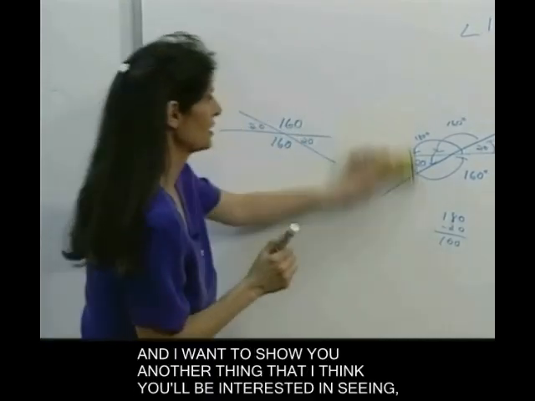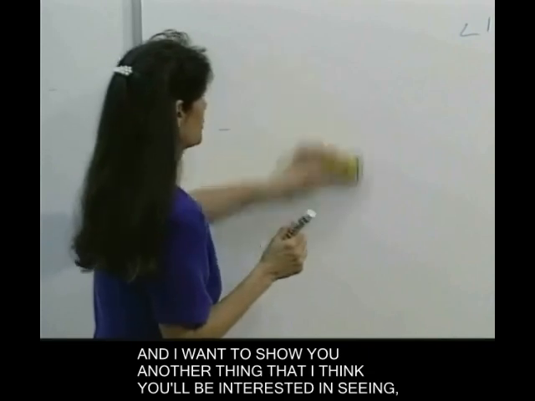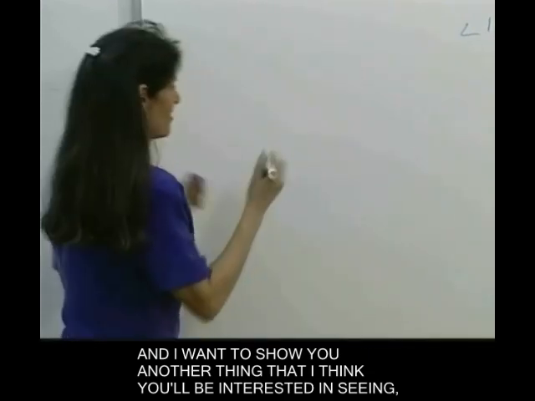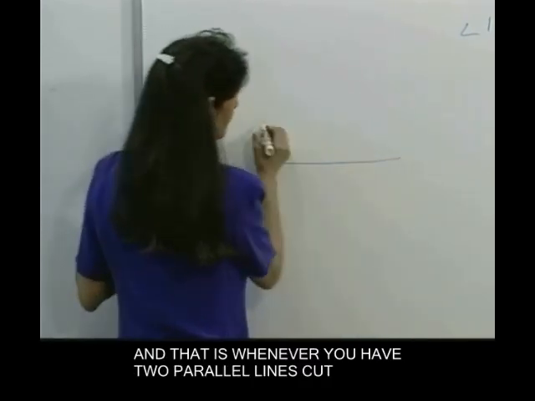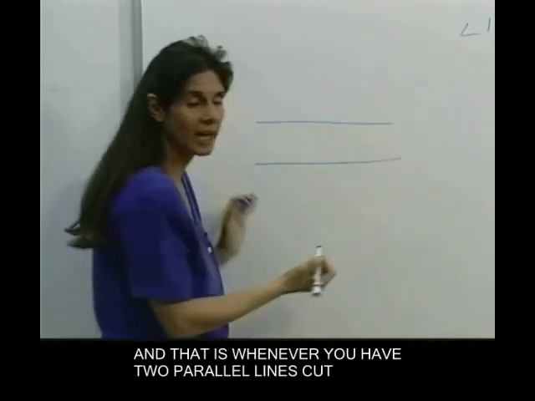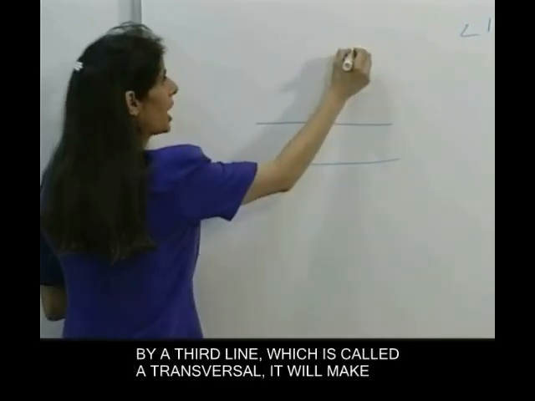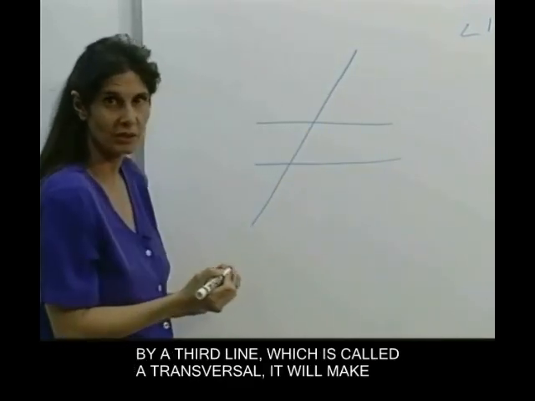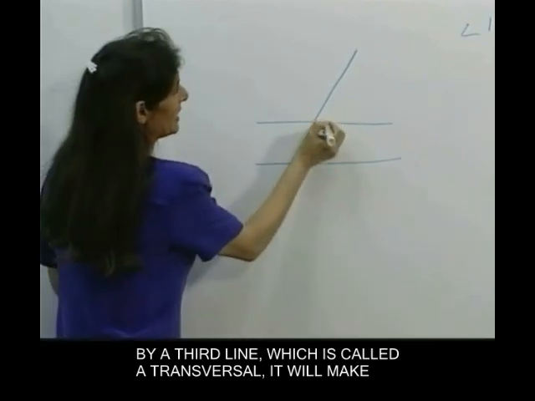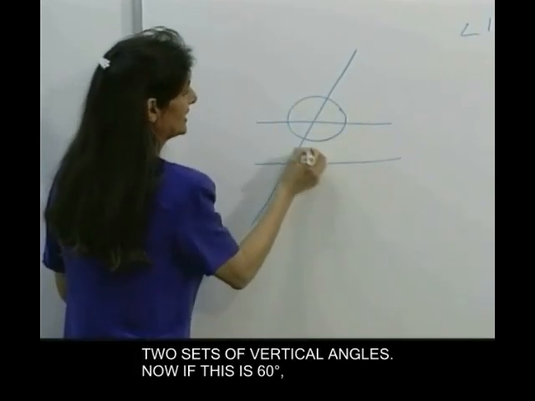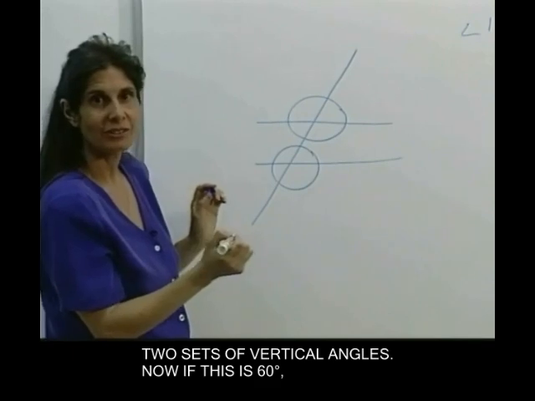And I want to show you another thing that I think you'll be interested in seeing, and that is whenever you have two parallel lines cut by a third line, which is called a transversal, it will make two sets of vertical angles.